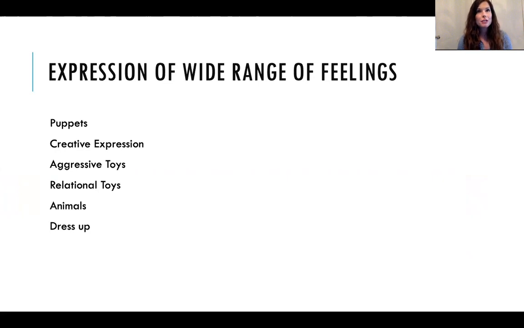They build their self-esteem, creativity, self-expression, all those different things. Aggressive toys give them a safe way to get out their aggression or even just their playfulness. Relational toys are like your baby doll, your bottle, maybe animals, different things that help them express different types of relationships. And then your animals can be used in a variety of ways. And then dress up clothes.